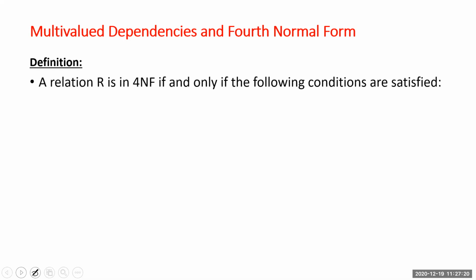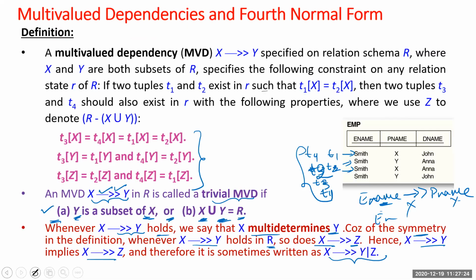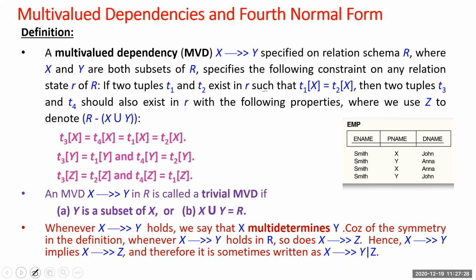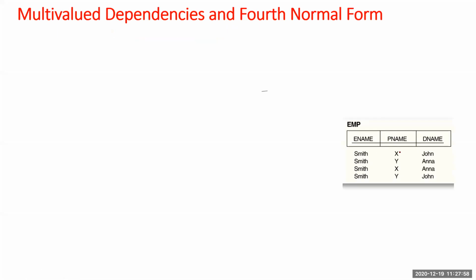Multivalued dependencies and fourth normal form. Now we will see the fourth normal form definition. Okay, I have forgotten one more point. When you check here, in this table, this is an example table.